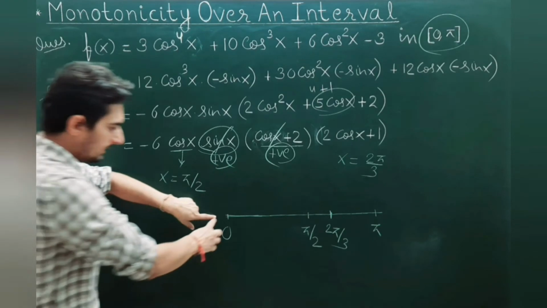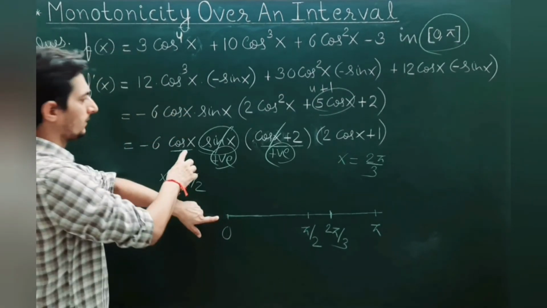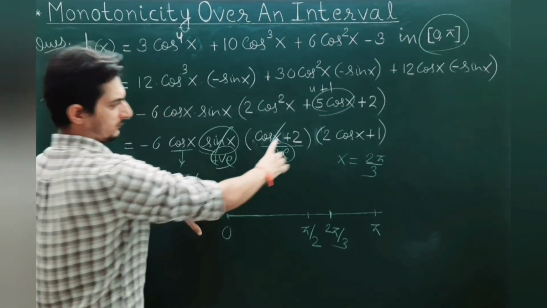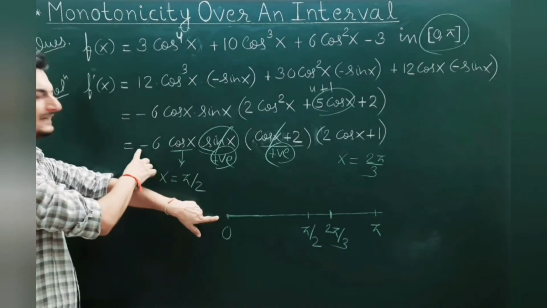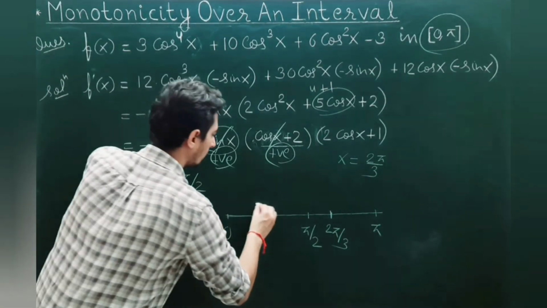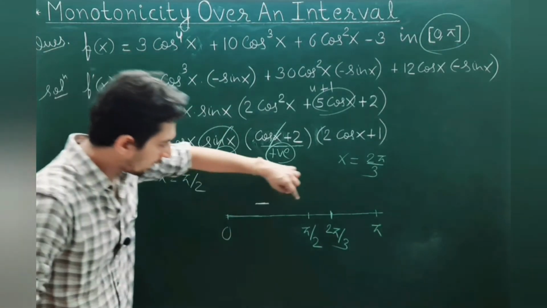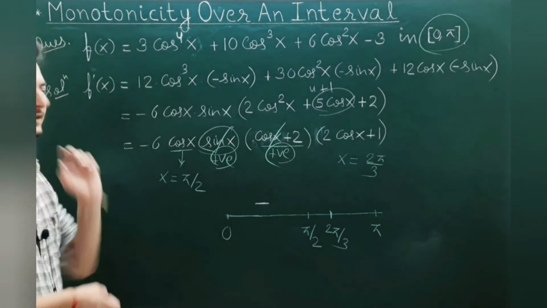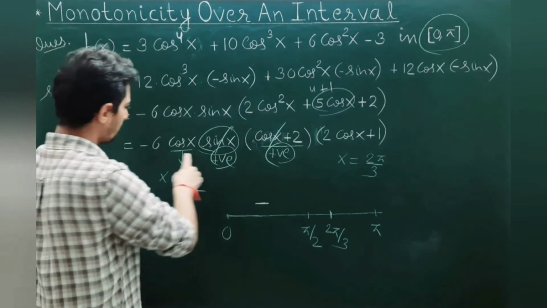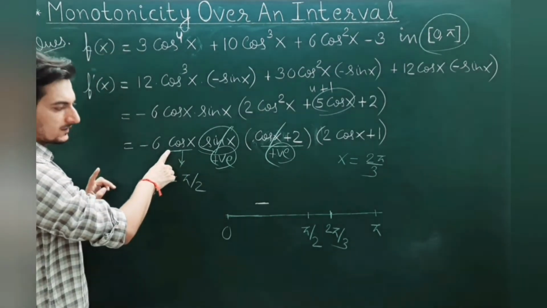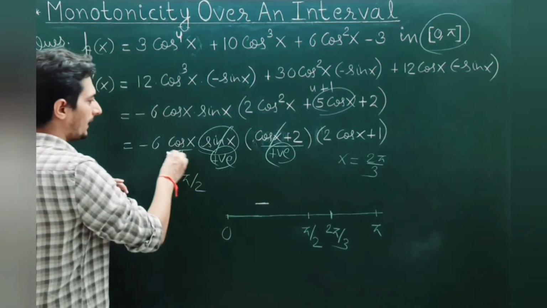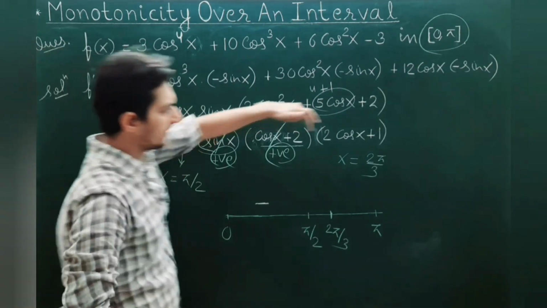Now in 0 to pi by 2, everything is positive, but because of this negative sign, this will give you a negative sign, right? Now from pi by 2 to 2 pi by 3, this is positive, this is negative. Cos in the second quadrant is negative. What about this?